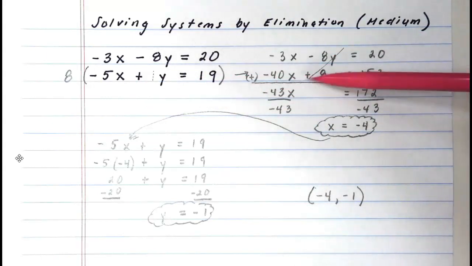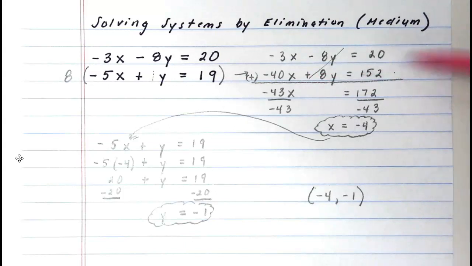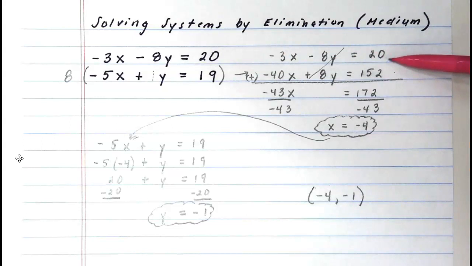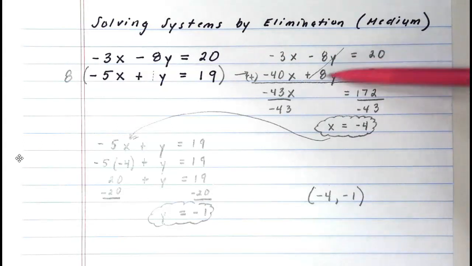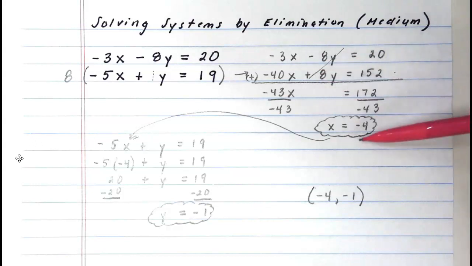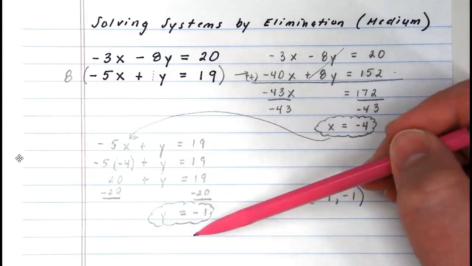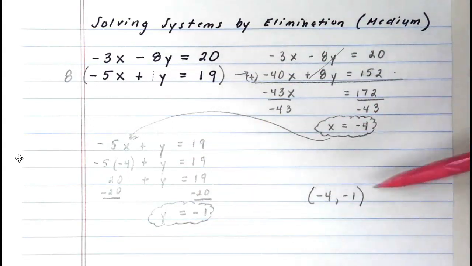And we got this new equation here. I brought over the original top equation, and we added them together. We were able to eliminate the 8y's, did a little bit of algebra to get our x. We picked the easier equation, we plugged the x in, and we solved for the other variable y to get our final answer.